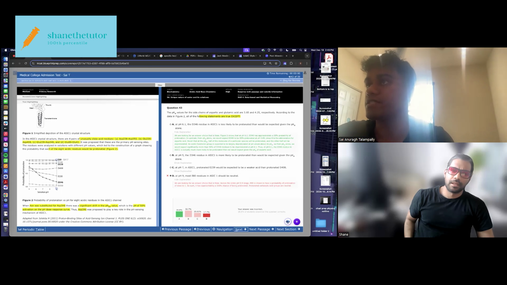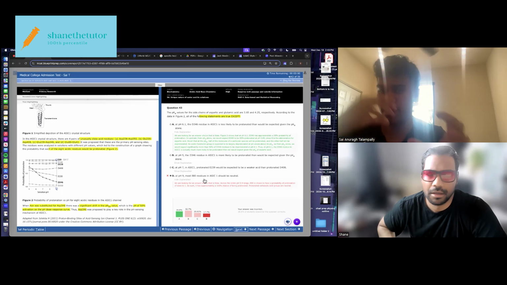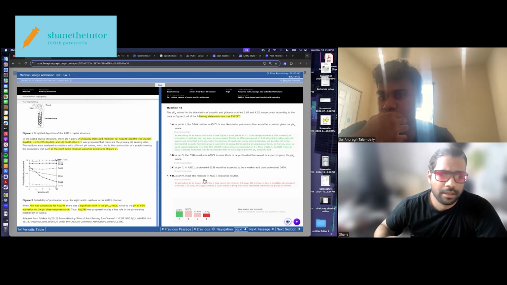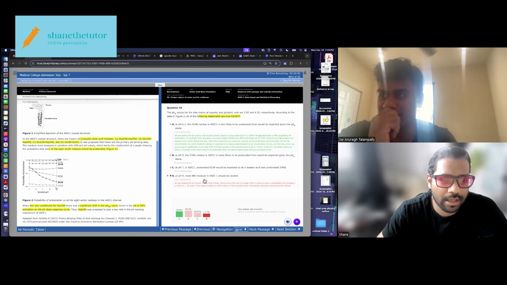I think they say right here, it's like 4.25. So I get why at a pH of 9 in typical conditions it would be deprotonated. But here, if that OH group is protonated, wouldn't that mean it would be neutral, right? I don't know if that made any sense.